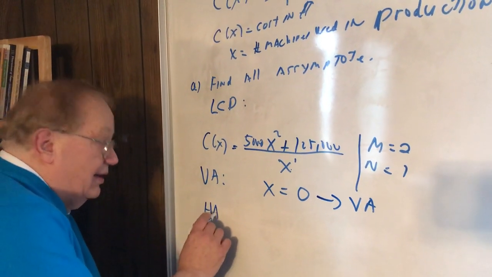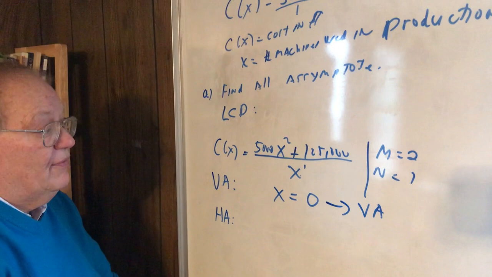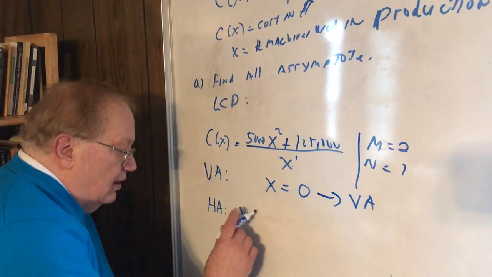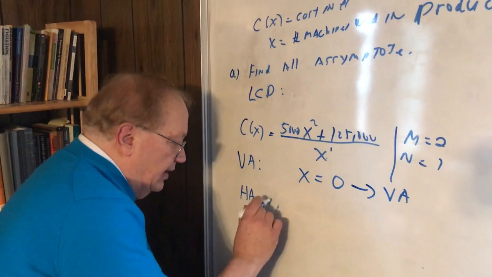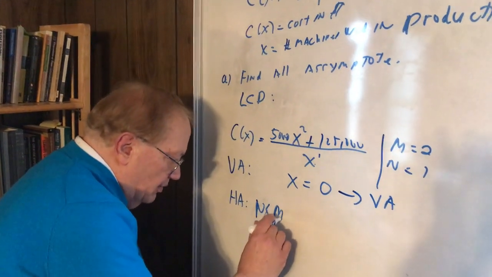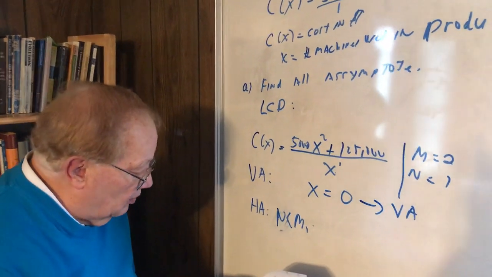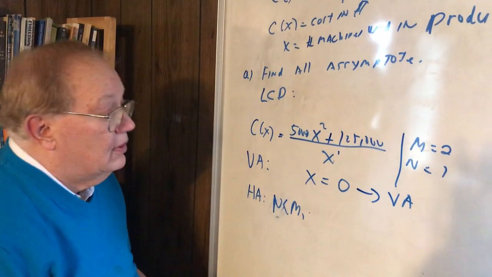And for the horizontal asymptote, where is it?